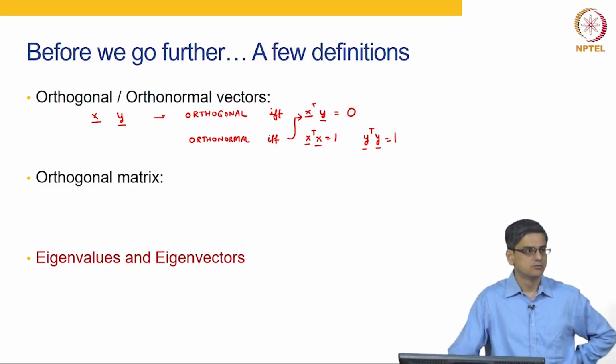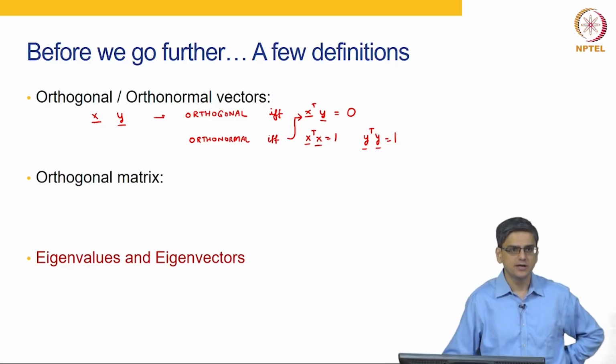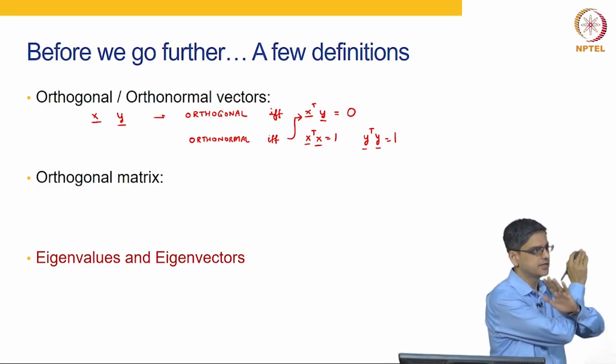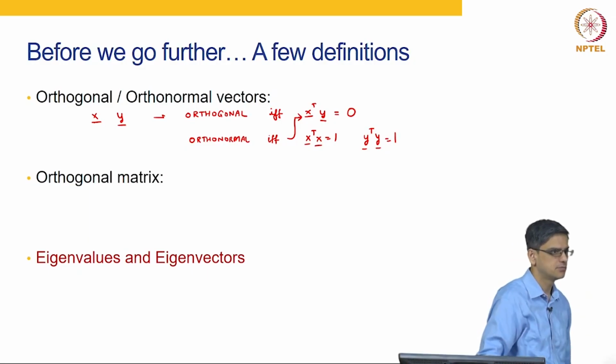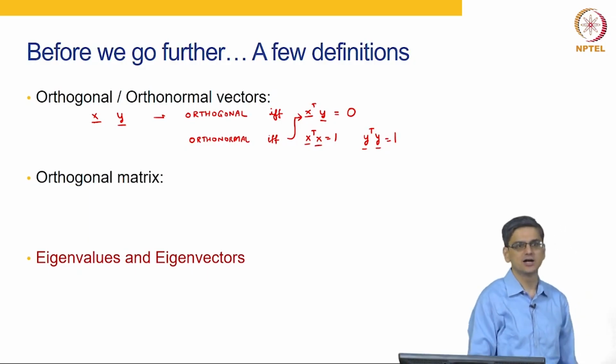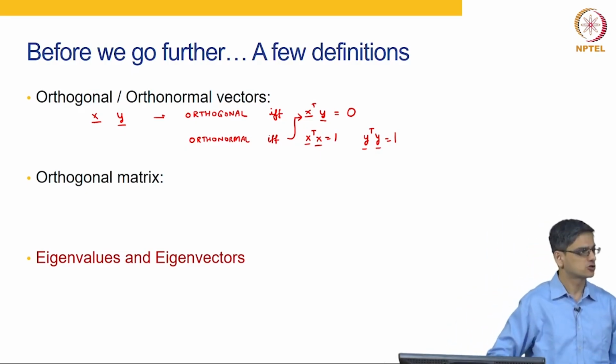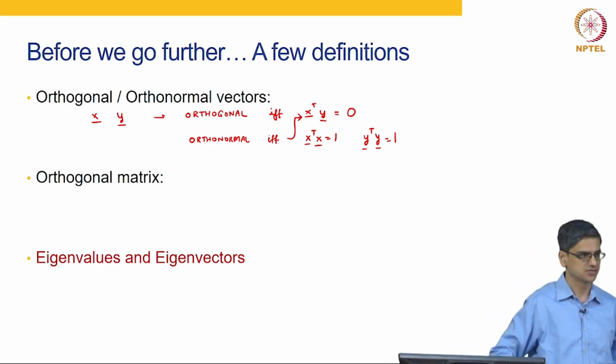Okay. What does that geometrically mean? If x bar and y bar are perpendicular to each other, then they are orthogonal. X bar and y bar are orthonormal if, in addition to being orthogonal, they are both unit vectors.